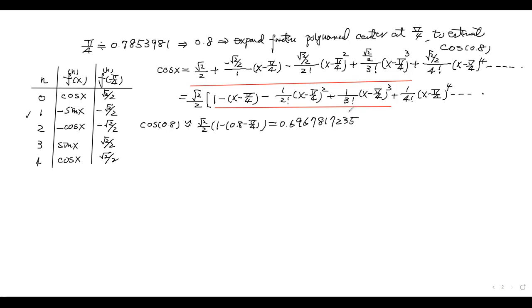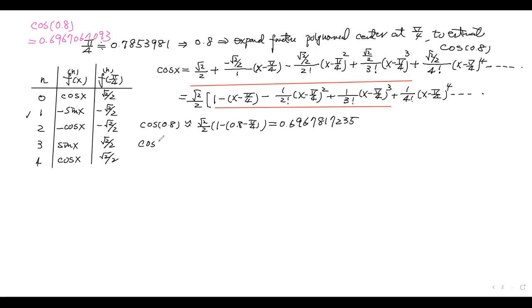Wow. Okay, so let's also write down here, what is my true cosine value? True cosine 0.8 is equal to 0.696707093. All right, so this is the first term.